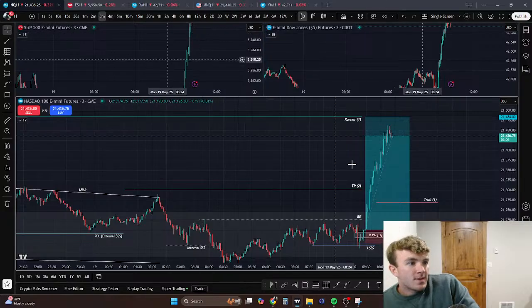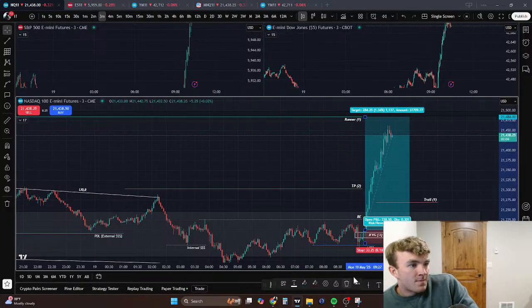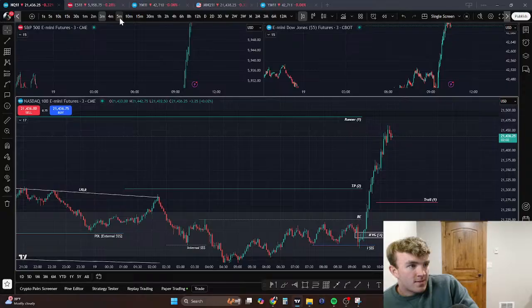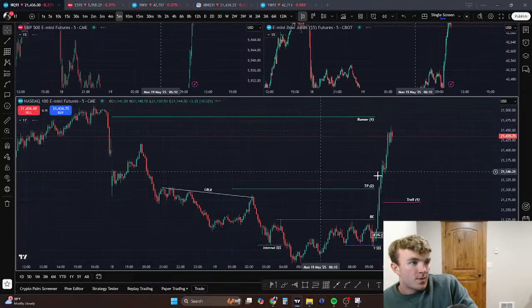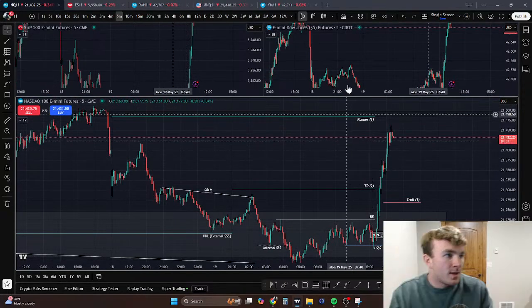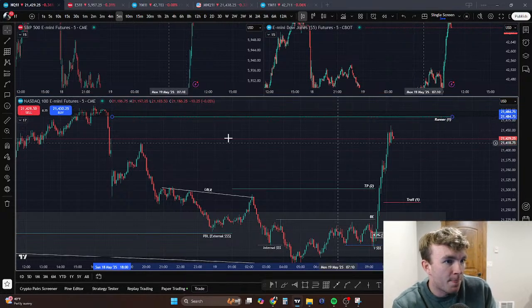So one possibility, if we were to get anything, so this is our draw on liquidity now.